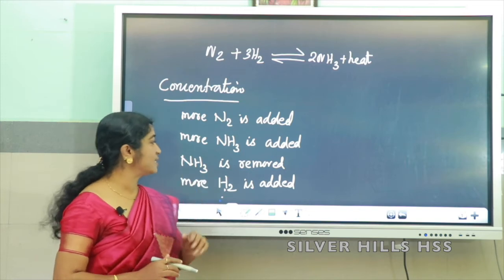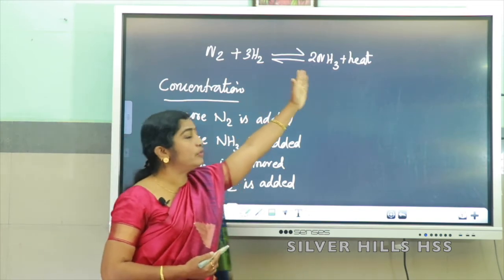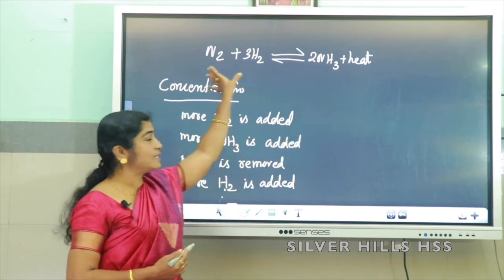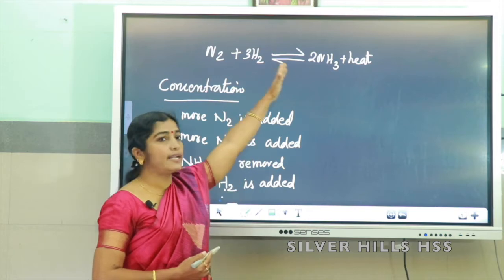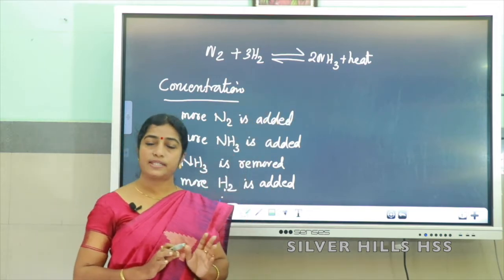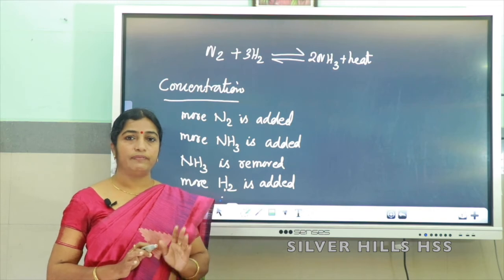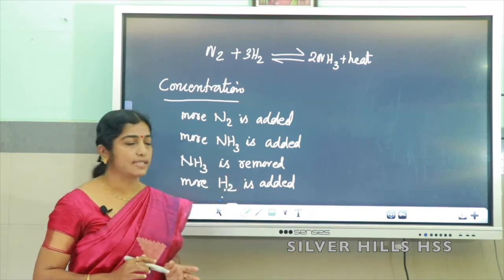The third case, ammonia is removed from the system. When the product is removed from the system, only the reactant molecules are there. So which reaction is accelerated? Forward reaction is accelerated. So in a reversible reaction which is at equilibrium, when the products are removed, the forward reaction is accelerated.